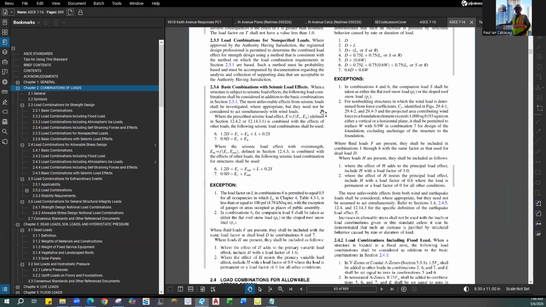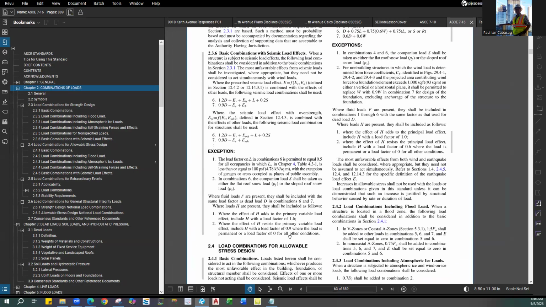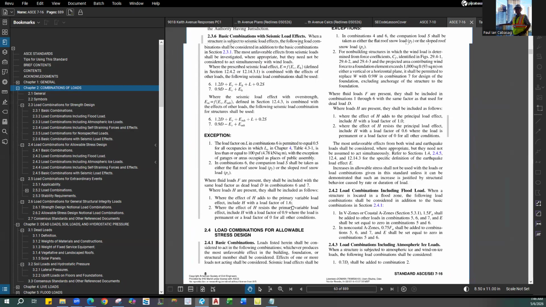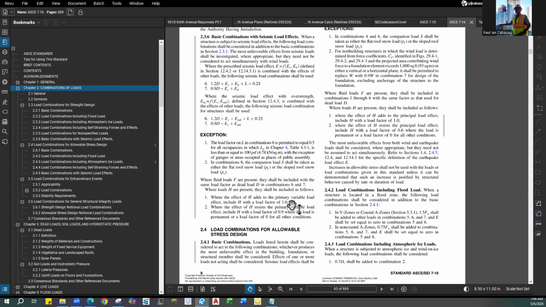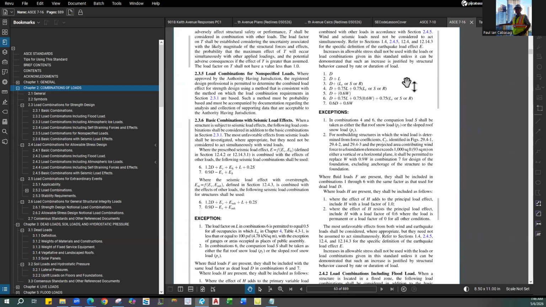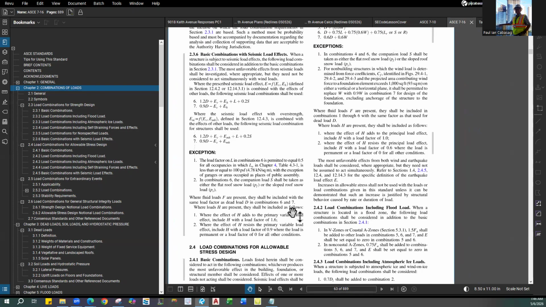So mainly ASD, we're going to cover it more in the NDS. That's the building code for wood, and then we're also going to do masonry design. We're going to be using this loading combination mainly for masonry and wood design.